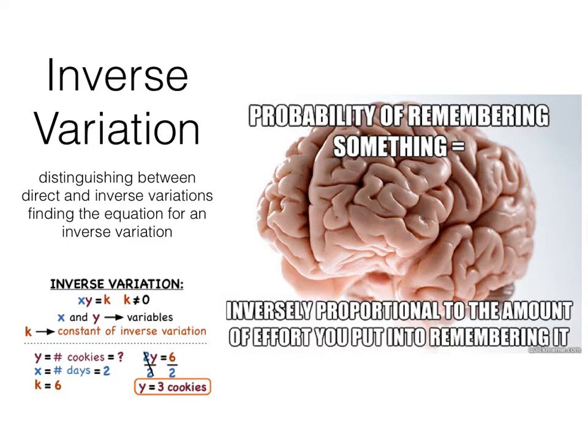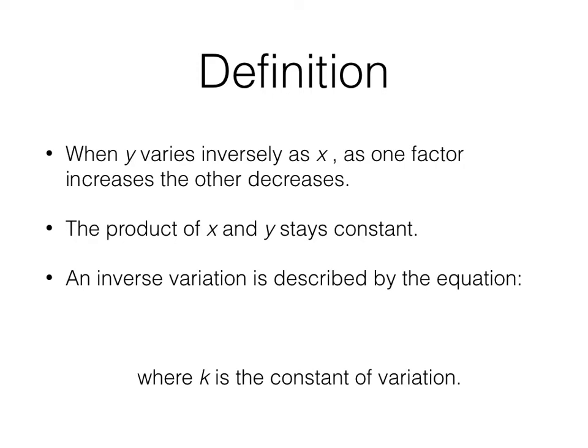Let's start with the definition. When y varies inversely as x, that means as one factor increases, the other decreases. So as x goes up, y goes down, or vice versa.